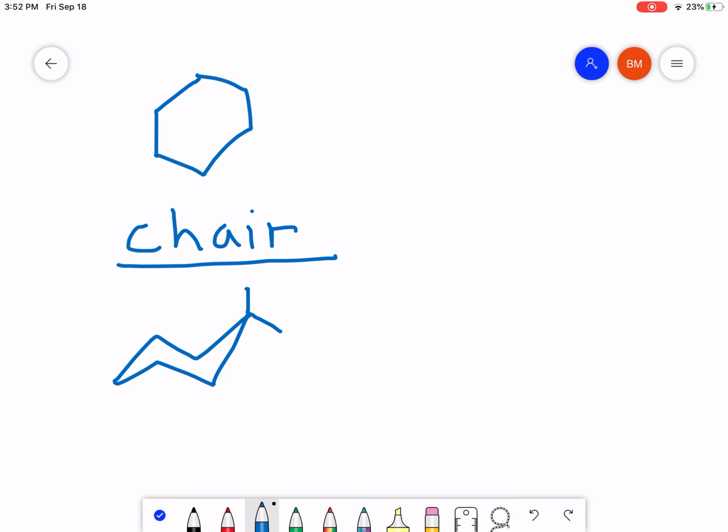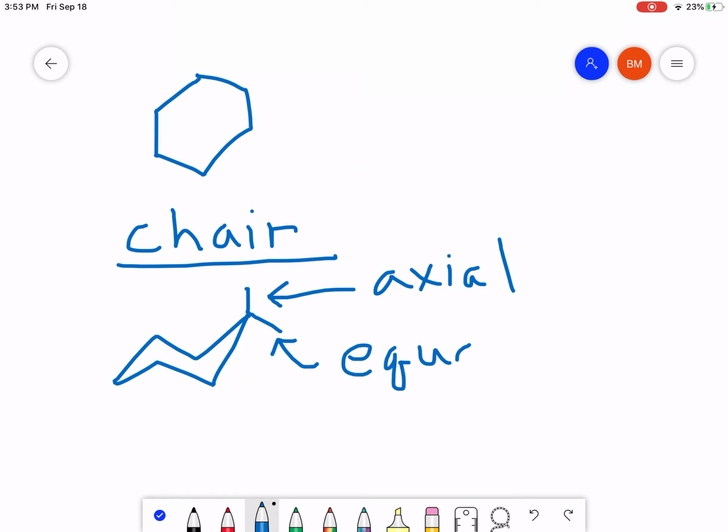We have some of them that stick straight up and down. These are called axial bonds. And then we have others that are slanted off to a side. These are called equatorial. Every carbon has one of each, one axial and one equatorial.